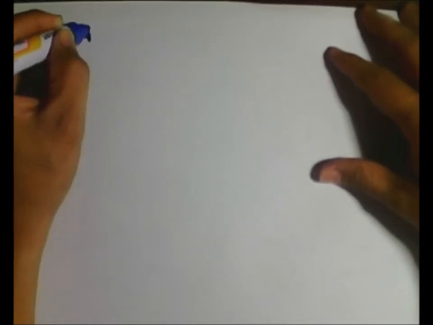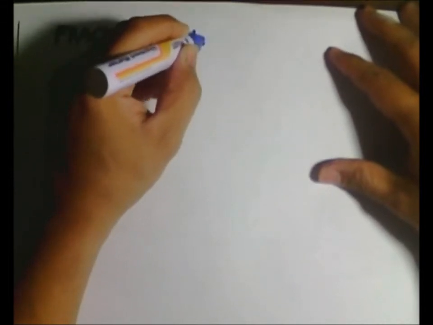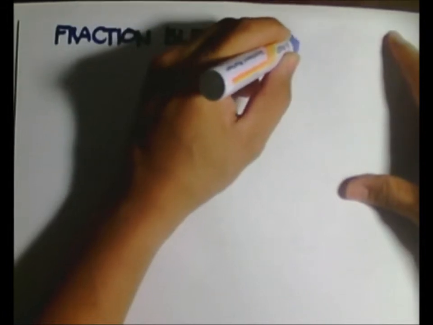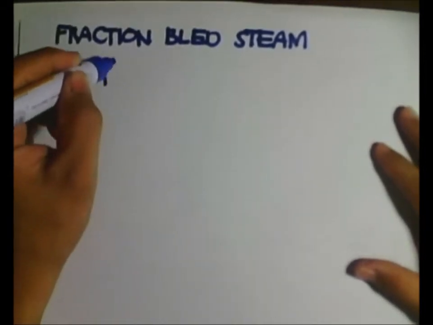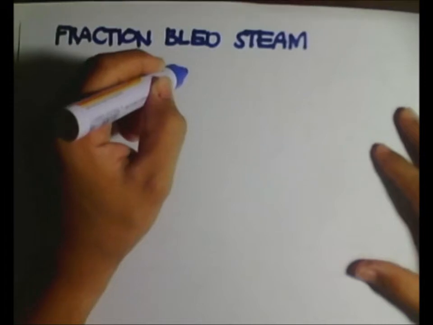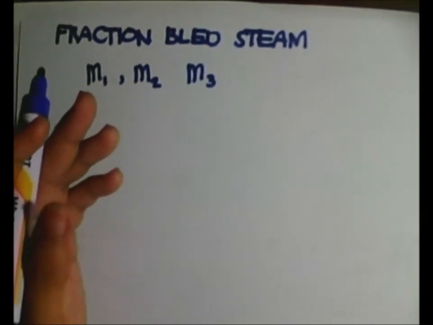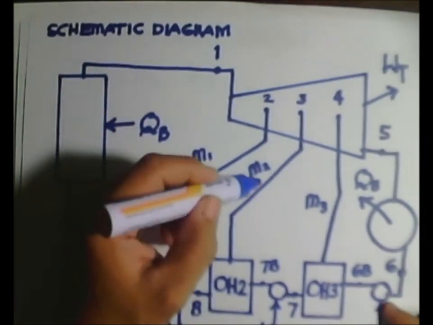Fraction of bled steam. These fractions actually are those M1, M2, M3 that we take out from the turbine. From the schematic diagram here, we can see that is M1, M2, and M3.